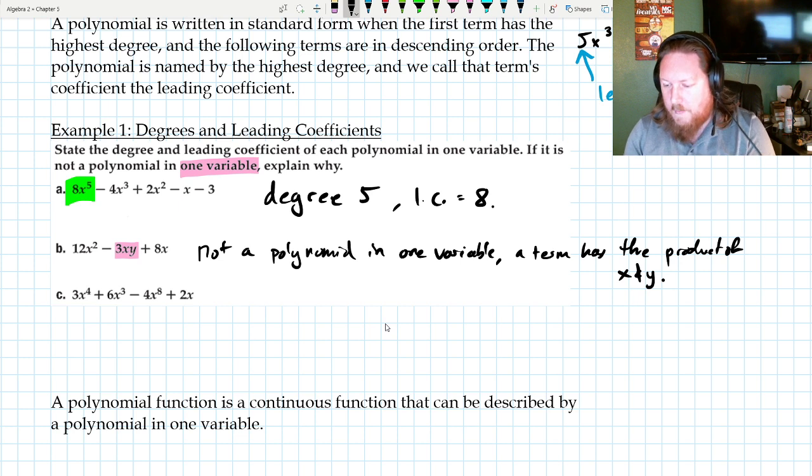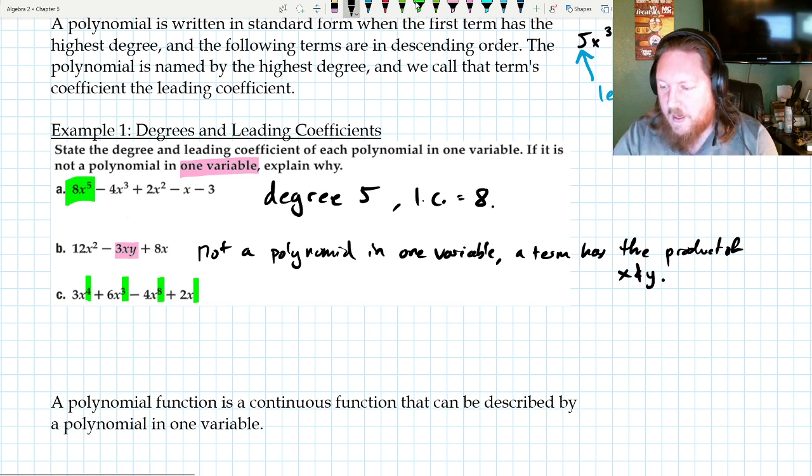All right. Part C here, I take a look at my exponents. So I just see x's, so that's good. It's one variable. And I see a 4, a 3, an 8, and a 1. Uh-oh. Those aren't written in correct order. I need to write them in descending order. So I see my highest degree there is the 8. So I make sure I have the negative 4x to the 8 out in the front.